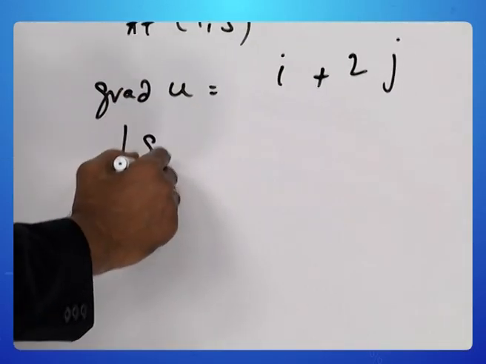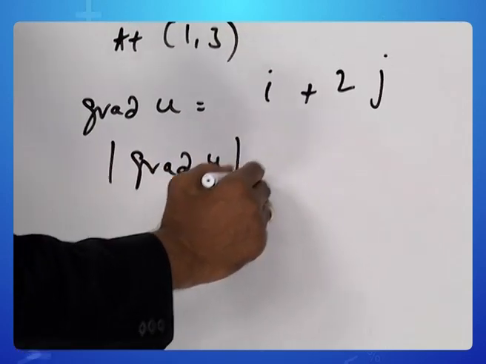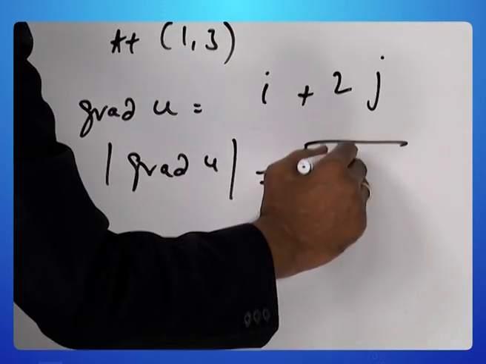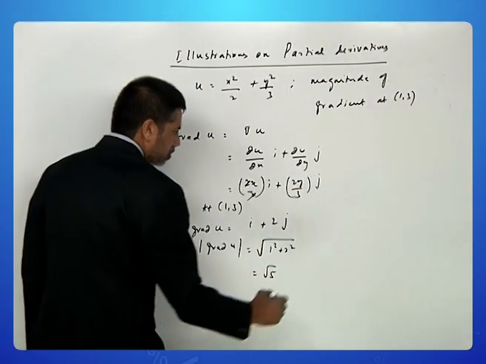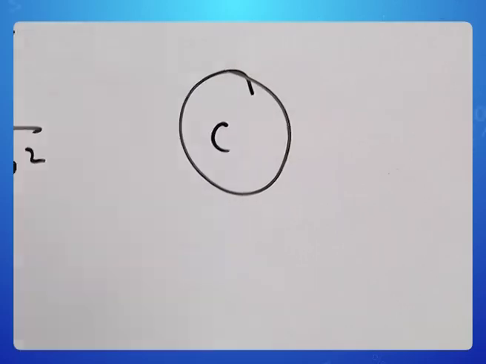What we need is the magnitude of this. So this will be square root of 1 square plus 2 squared, which is root 5. So the correct option for this problem is C.